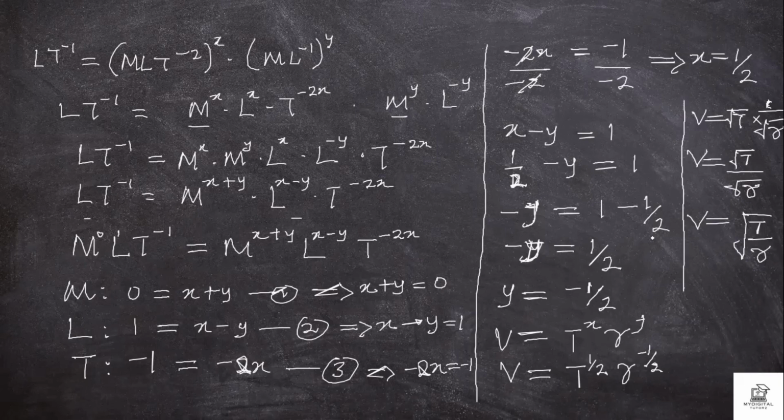Is this understood? And if I like, I bring the constant of proportionality into this equation, I'll have v is equal to k root of T all over gamma. So this is my expression for velocity.